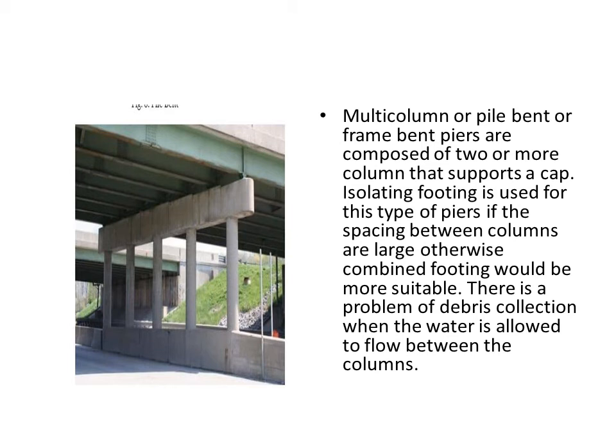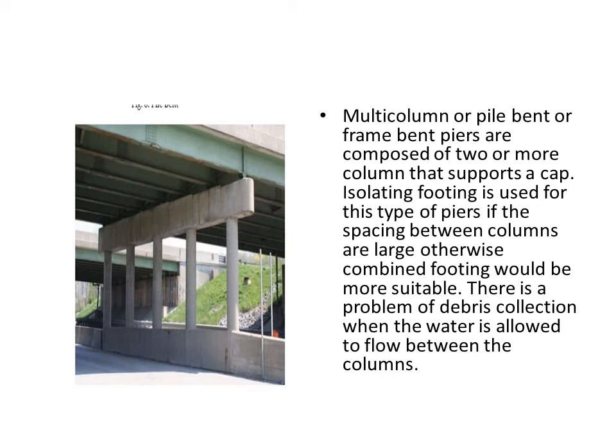Third one is the multi-column or pile bent or frame bent pier. It is composed of two or more columns that support a cap. As you can see in the figure, it consists of multiple columns with a support cap at the top.